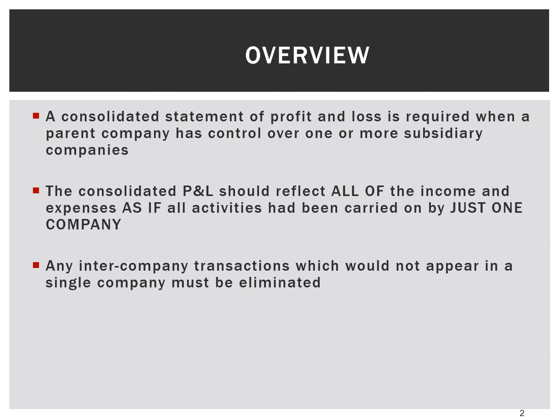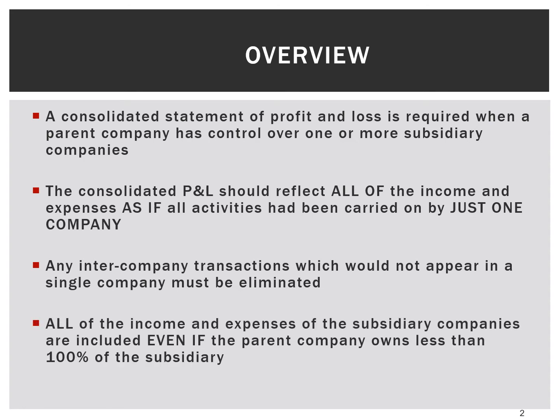That means that any intercompany transactions that wouldn't appear in the accounts if everything had been done by a single company, all of those intercompany transactions need to be eliminated from the accounts. But the other important thing to remember is that we include all of the income and expenses of the subsidiary companies, even if the parent company owns less than 100% of the subsidiary company's shares.